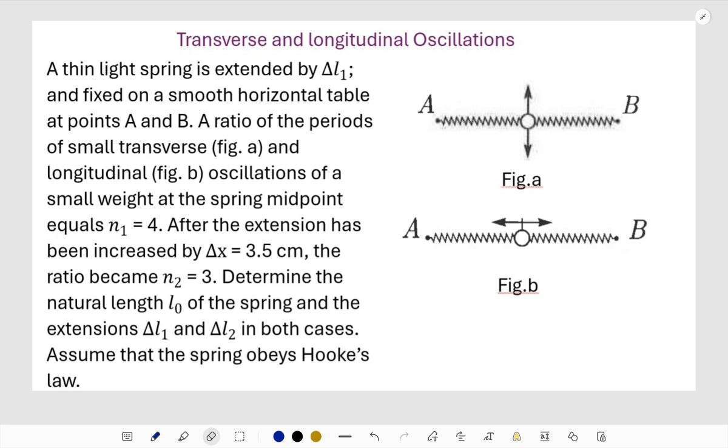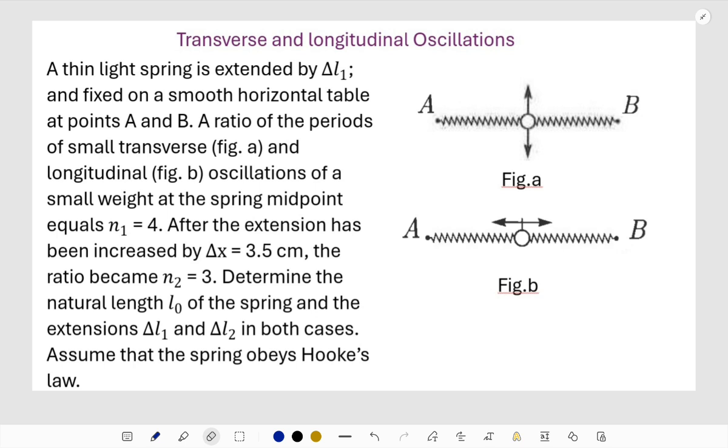The first thing I can see here is that a single spring has been divided into two springs. It has got some kind of cut in the middle of the spring.